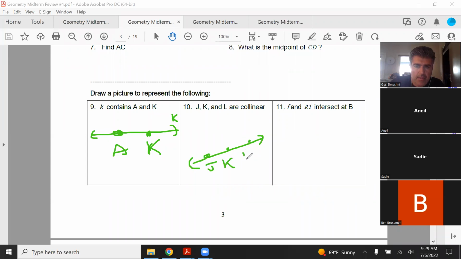J, K, L. Line F and RT intersect at B, so line F, RT, meeting at point B. There we go. Pretty straightforward, right? Not that hard. Hopefully we're okay with that.